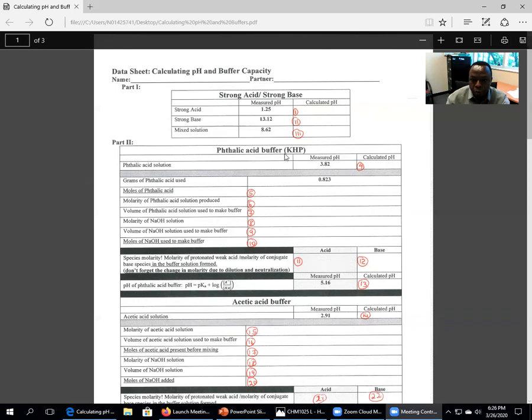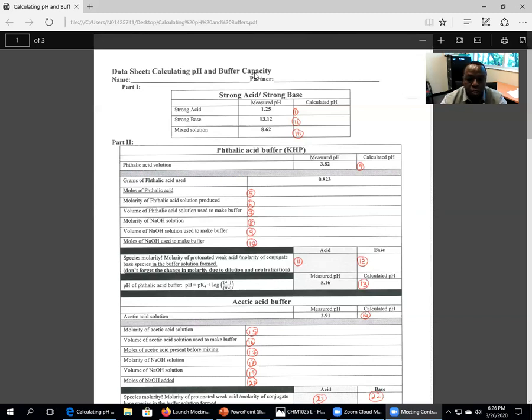All right, before I walk you through our calculation for every section, a buffer solution is a solution which resists change in pH. Okay, we all know what a buffer solution is. Now, buffer capacity is the ability of a buffer to resist pH change, or the number of moles of a strong acid or strong base added into a buffer solution in order to see significant change in pH.